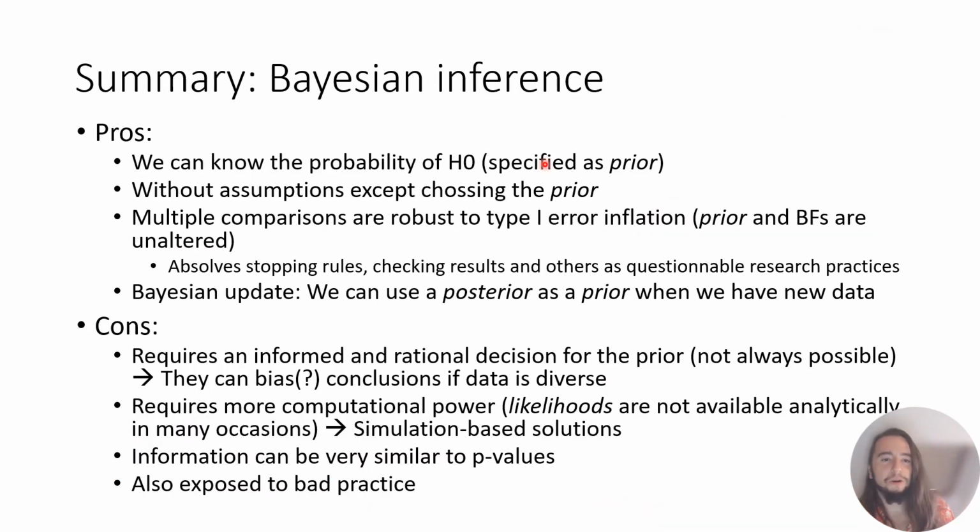Okay, so as a summary, the Bayesian inference has some pros. For example, now we know the probability of H0 because it's specified as a prior. We don't have assumptions except committing to this prior. Frequentist analyses normally have a bunch of assumptions because they are assuming some sampling distribution properties.